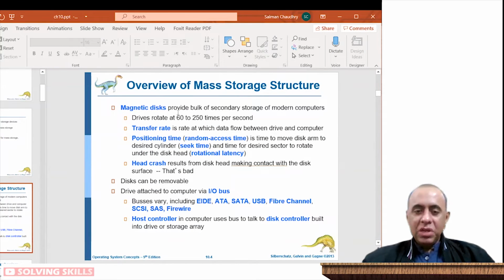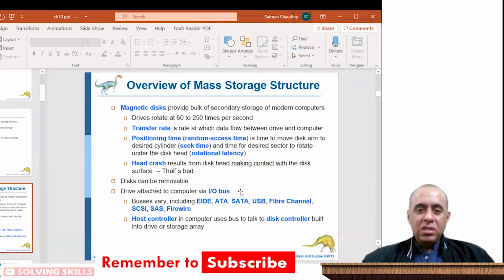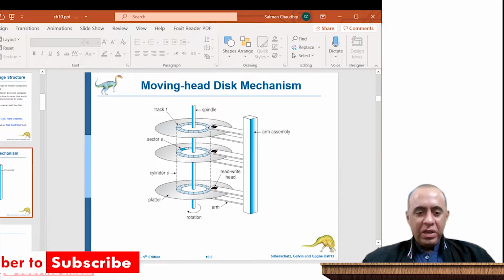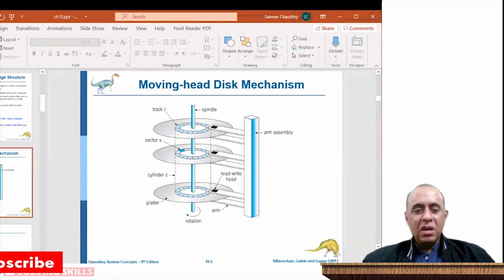The magnetic hard disk drives that we are used to using even these days were replaced by magnetic tape drives, and now these disk drives of this structure are being replaced by solid state drives, SSDs, which are just large capacity USB flash drives kind of thing, and the technology inside is very similar to flash drives that we already use on the USB port.